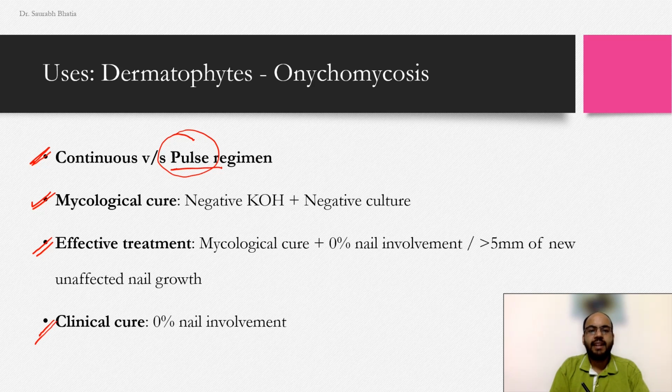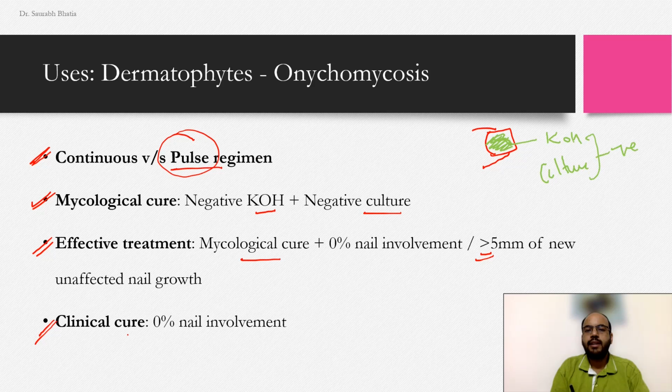Mycological cure means negative KOH with negative culture. Effective treatment means mycological cure with 0% nail involvement or more than 5 mm of new unaffected nail growth. Clinical cure means 0% nail involvement. So let's say you have a nail with the whole nail involved with fungal infection. Mycological cure is if you take KOH or culture and both are negative.